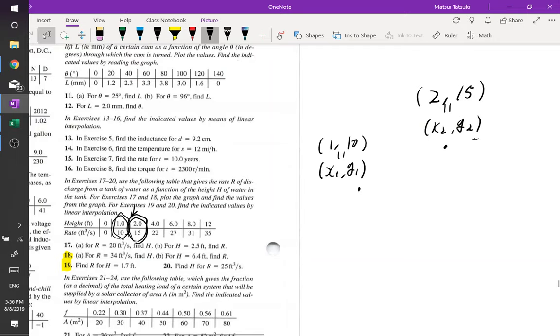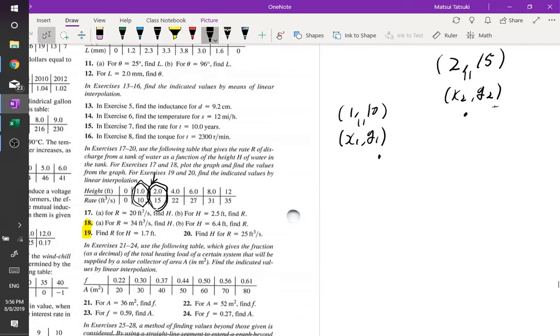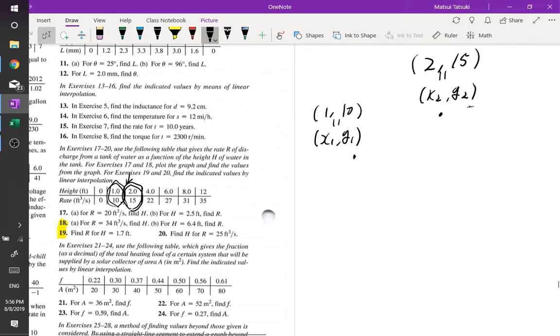And we connect these points with a straight line, the linear function.